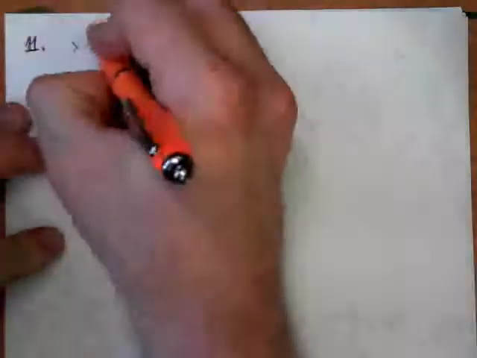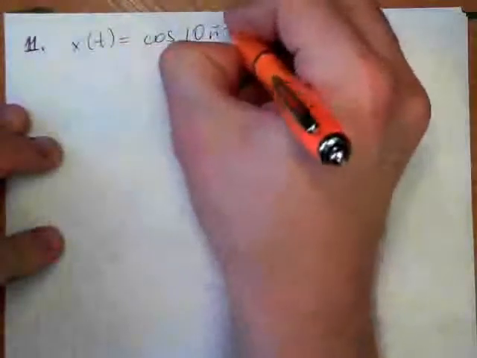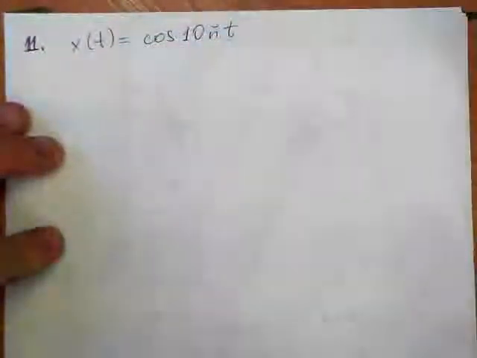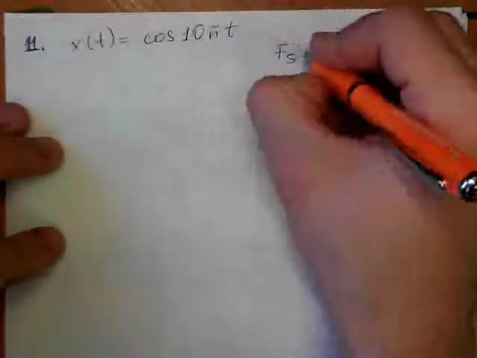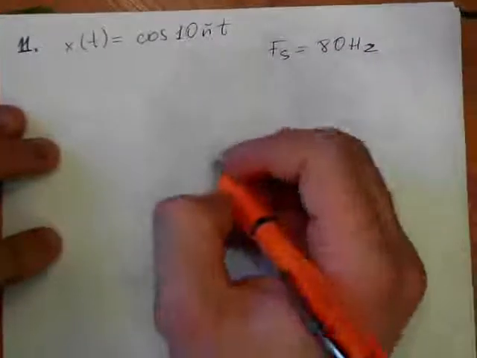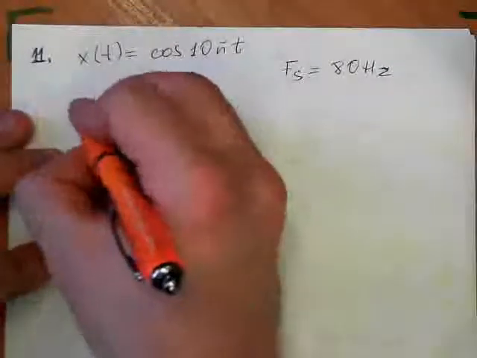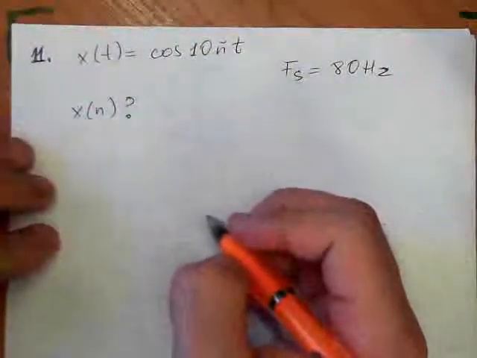Signal xt is cos 10 pi t. Sampling rate is 80 Hertz. So the question is, what is xn after sampling?